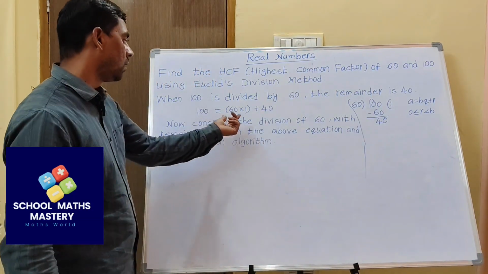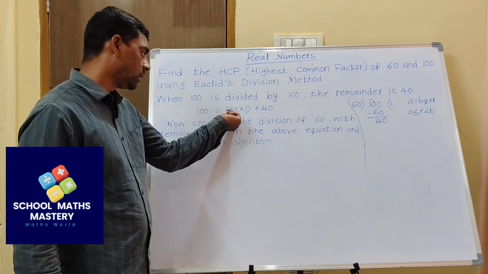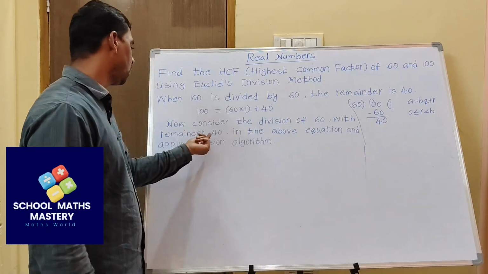Now consider the division of 60 with the remainder 40.